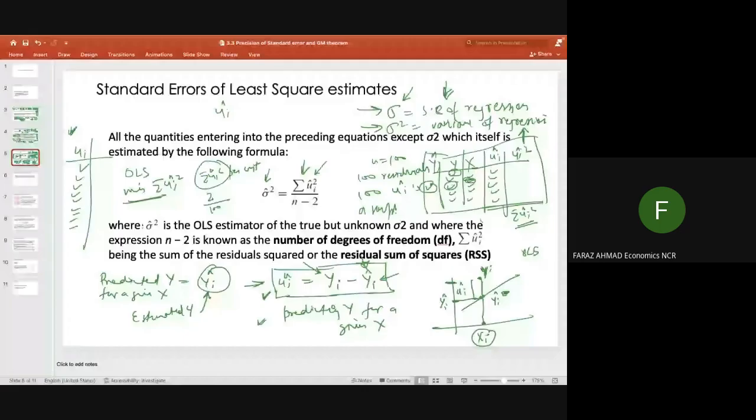Whenever you see a residual, we are talking about a sample only. That's why I'm drawing the table also, so that there is no confusion that this is a sample of size 100, suppose. For this sample, there are 100 values of y, 100 values of x, so there will be 100 values of residual.